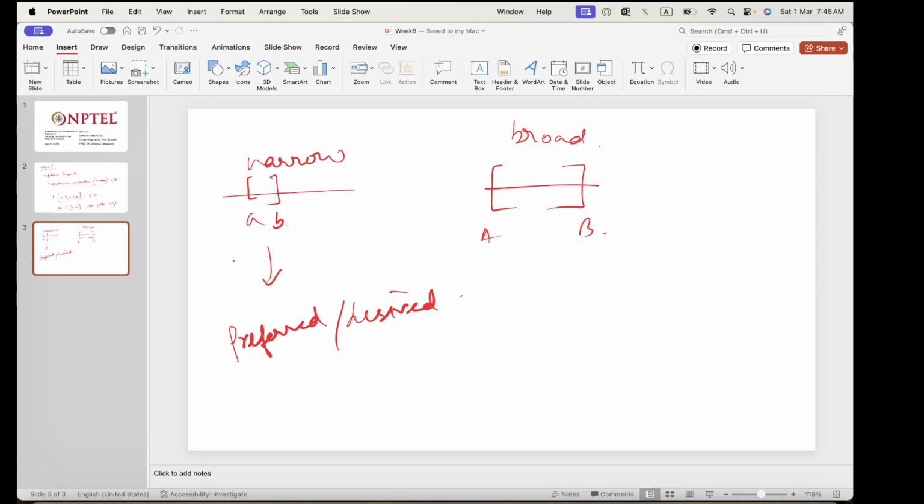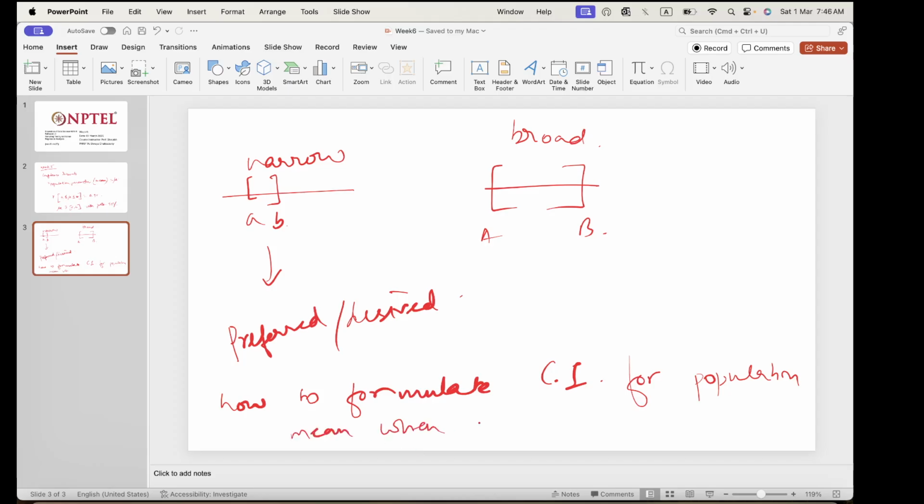Okay, so we learned how to formulate confidence intervals for the population mean when samples are drawn with SRS, both WR and WOR.